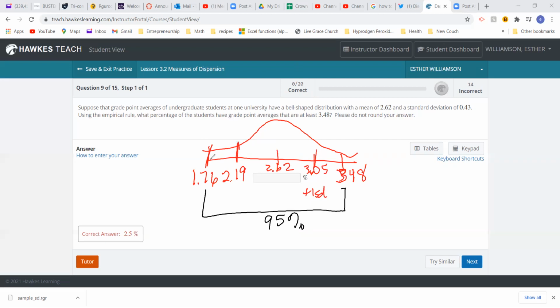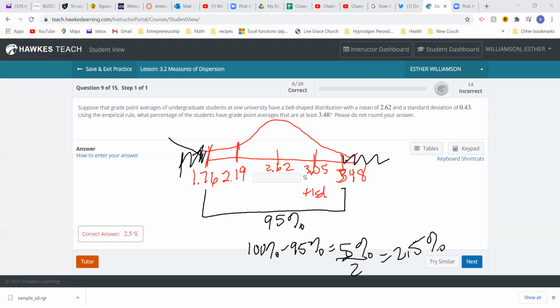So outside of that is going to be 100% minus 95%, which is 5%. And that is both of these, this area out here. So I need to divide that in half to get just the right-hand side, because at least 3.48 is 3.48 or more. So that is the 2.5%.